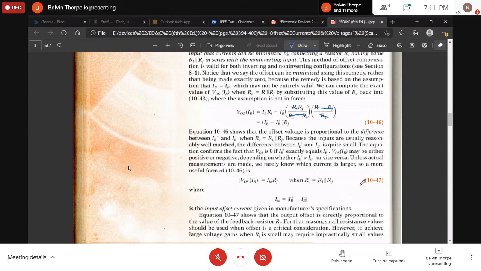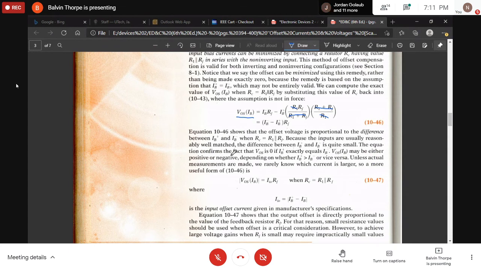Yes, sir. Okay. It says equation 46 shows that the offset voltage, remember VOS, due to IB is proportional to the difference between IB plus and IB minus when RC is equal to R1 parallel RF. Because the inputs are usually reasonably well matched, the difference between IB plus and IB minus is quite small.